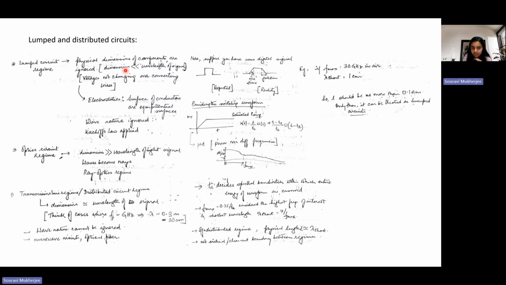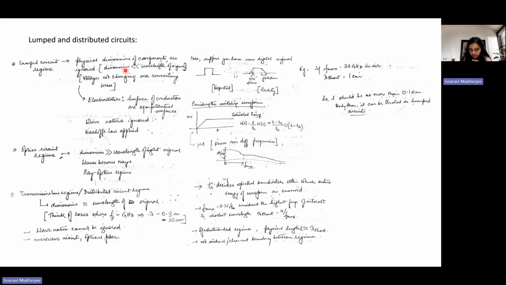So this is the case when the dimensions of your circuit elements or the connecting leads or the wires are comparable to the wavelength of the signal. Okay? So when can that happen? If you consider cases where your signals are in the gigahertz range, then the typical wavelengths come in tens of centimeters, right?